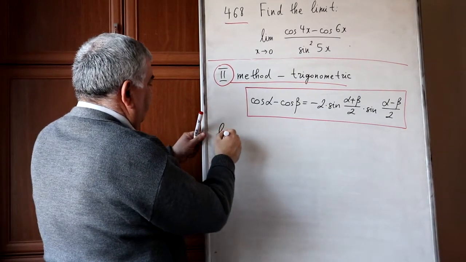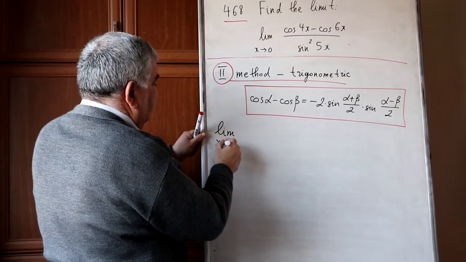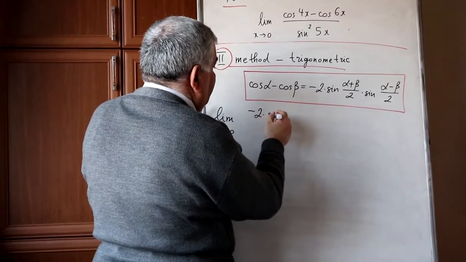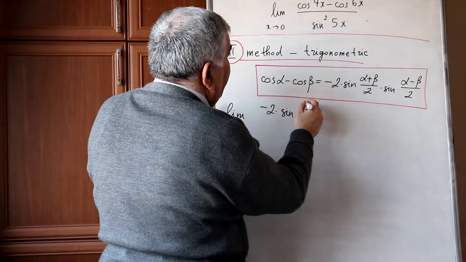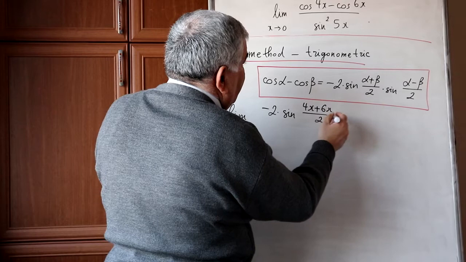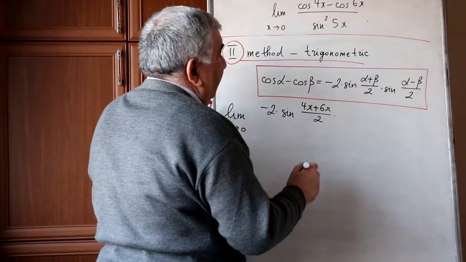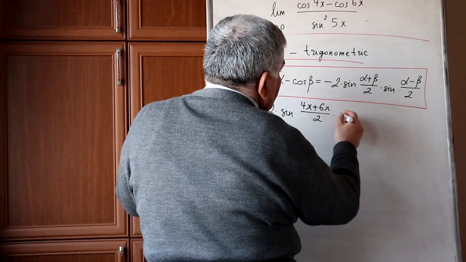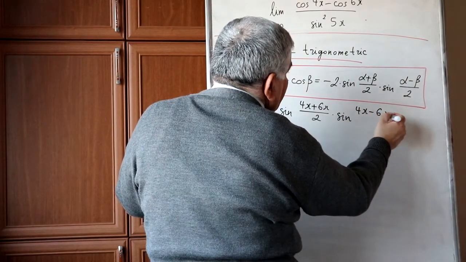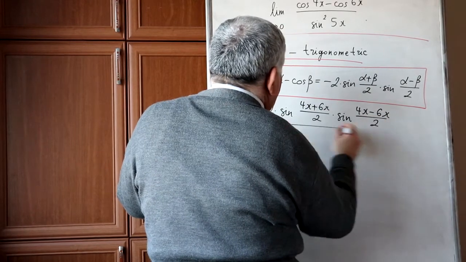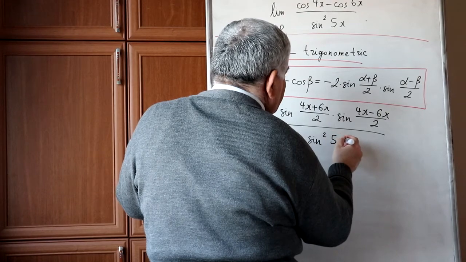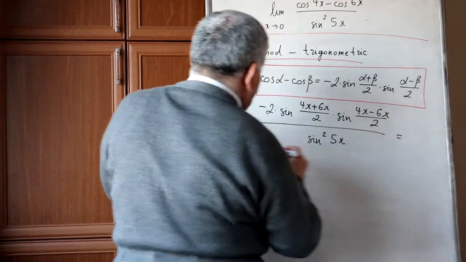Limit when x tends to 0, minus 2 multiplied by sine of (4x plus 6x) in half, multiplied by sine of (4x minus 6x) in half, divided by sine squared of 5x equals.